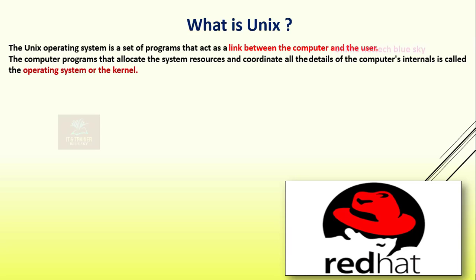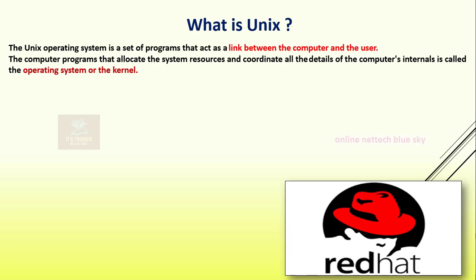Without an operating system, hardware is useless, and without hardware, software is useless. Hardware and software are very important, but we are talking only about the operating system: the Unix operating system is a set of many programs, not only one program, and it creates the Unix operating system.